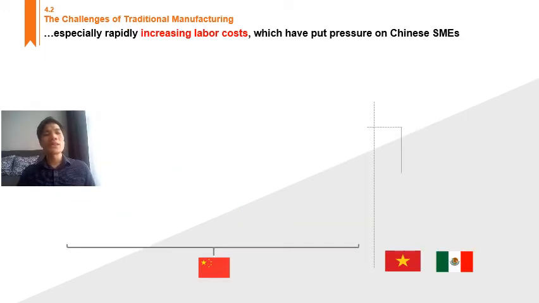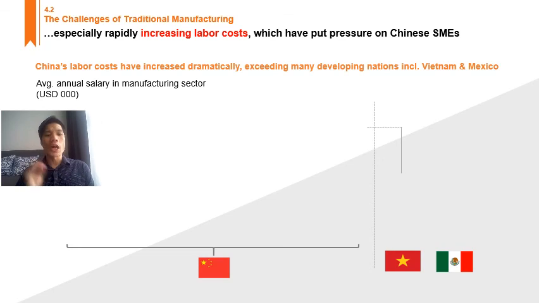So what does this mean? This means that especially increasing in labor costs, this has put a lot of pressure on the Chinese SMEs. If you look at the case of China's labor costs, it has increased dramatically, exceeding many developing nations, including Vietnam and Mexico, as a comparison.